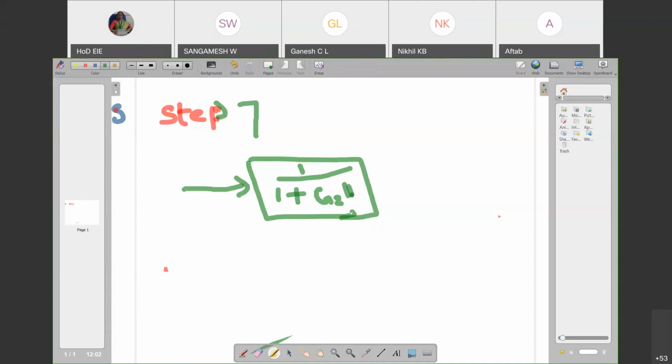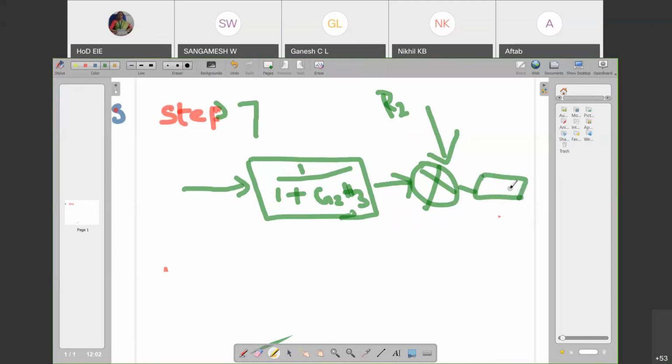This is there. And I have my summing element with R2 input. Correct? And from there, I have one more forward element, which is G3.